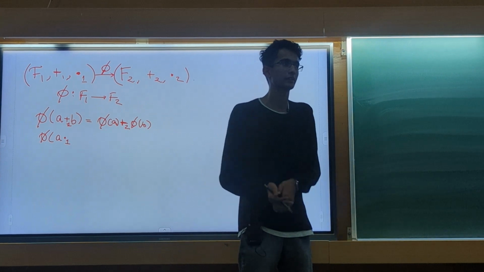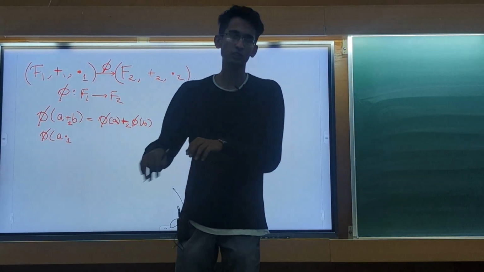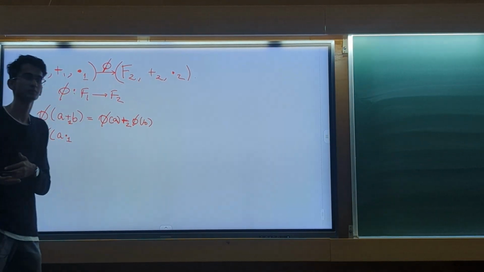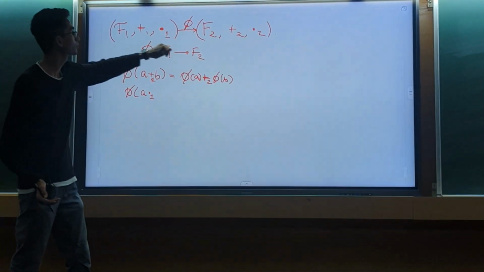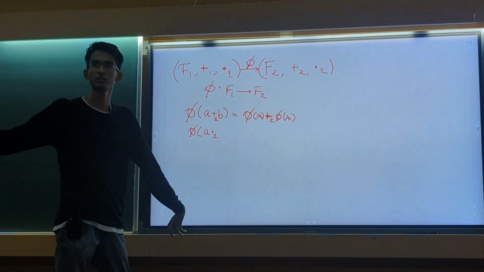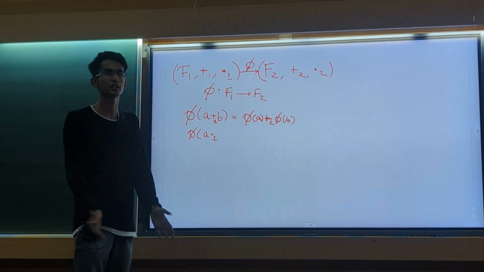I can have any kind of structure that may not be a field, but all of these kinds of structures can be described by some kind of operation and some set of elements, right? That's why I've written them down like this. Okay, does that make sense? Any doubts till now? Is anything confusing?